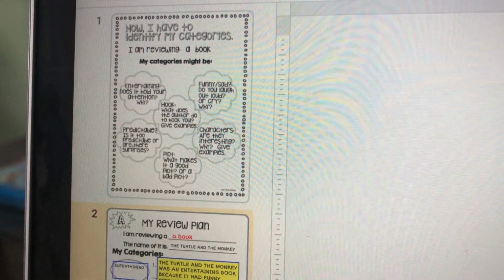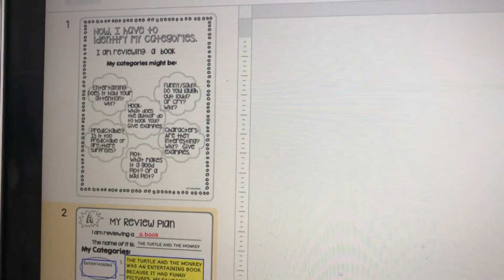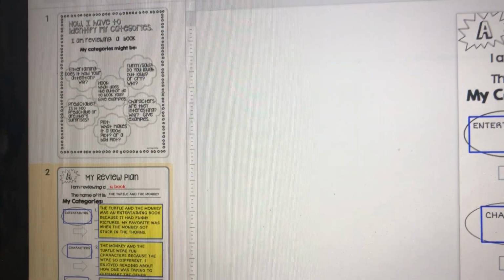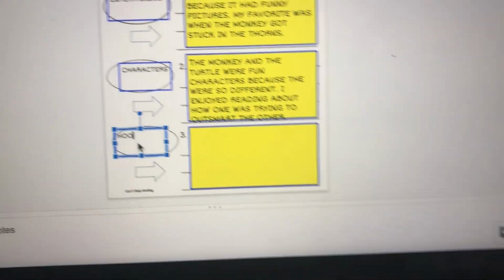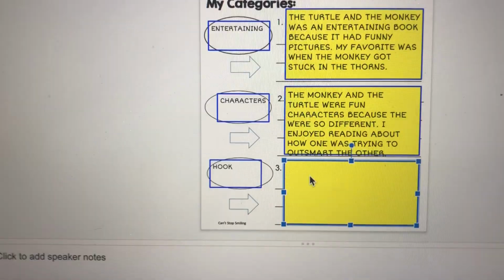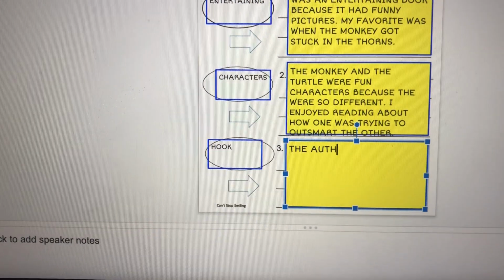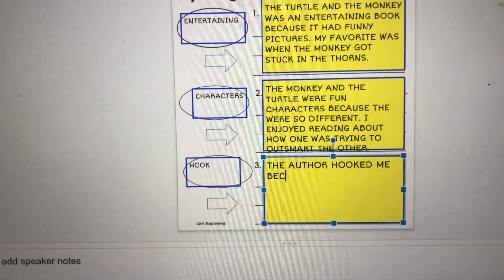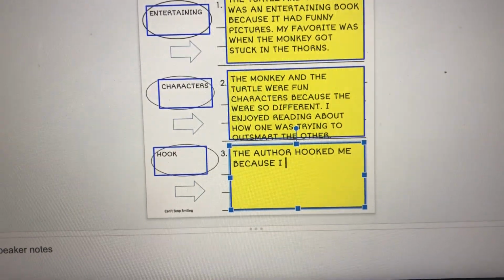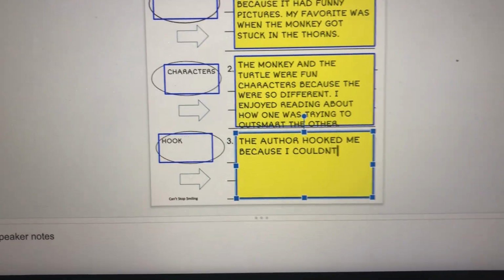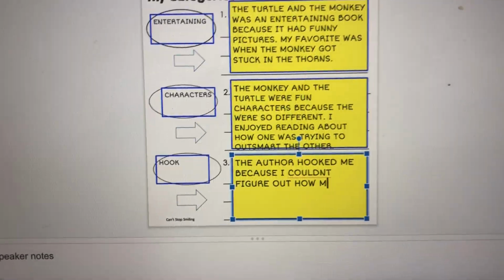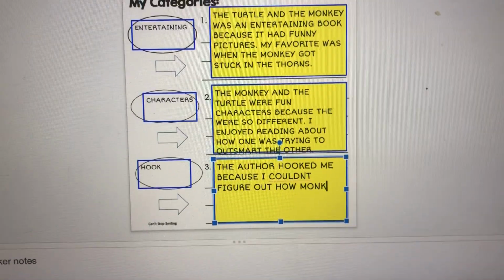So again, I'm going to go over here and think, okay, what do I want to write about? I'm going to talk about the hook. And I'm going to say that the author hooked me because I couldn't figure out how Monkey would win.